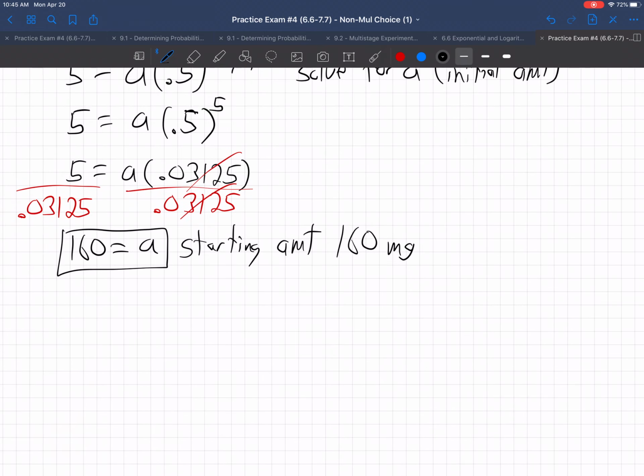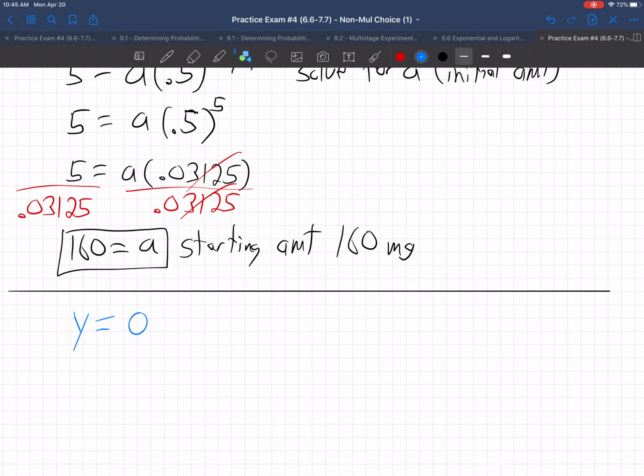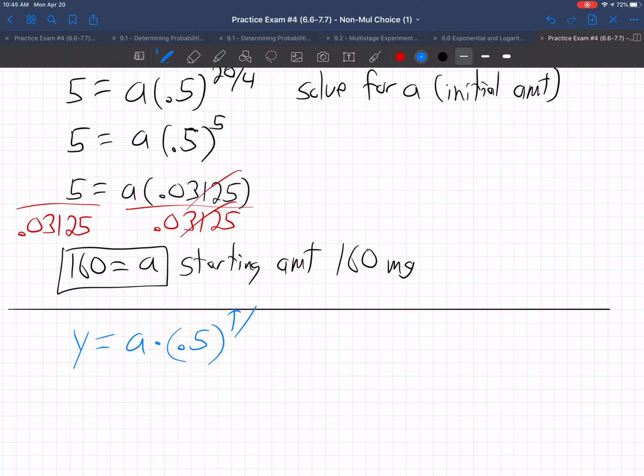So now we're ready for part 2. So in part 2, now we've got the formula. y equals A times 0.5 to the t over, what was it? I already forget. Over 4.